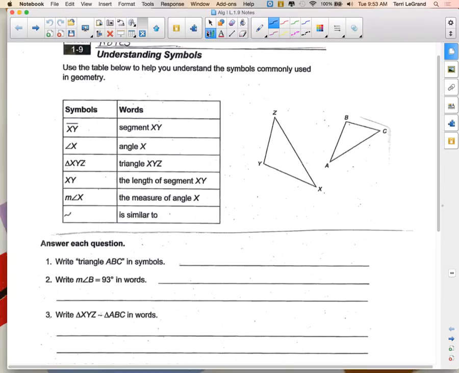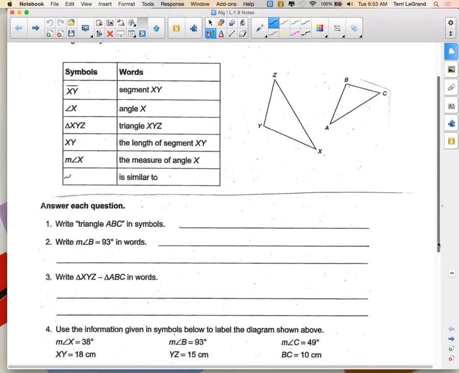Okay, so let's re-familiarize ourselves with some of these geometric terms. We have these symbols in this column right here, and across from each of them, it shows what that really says, okay? So you should be able to read this properly or know what it's asking you to give.